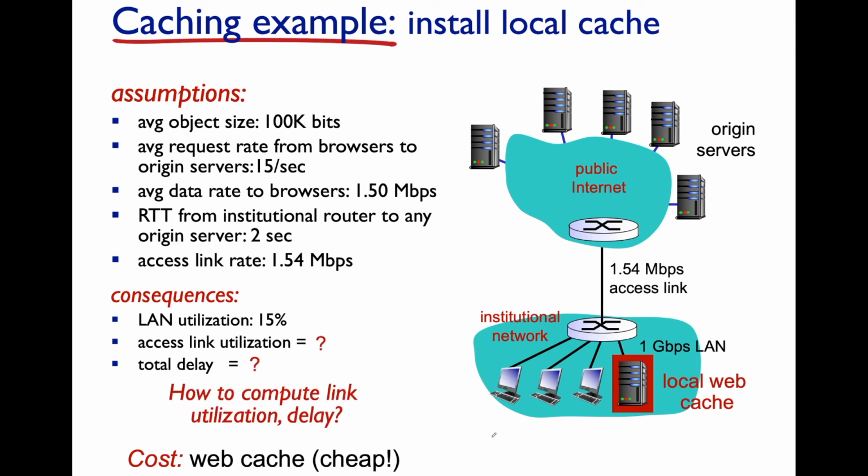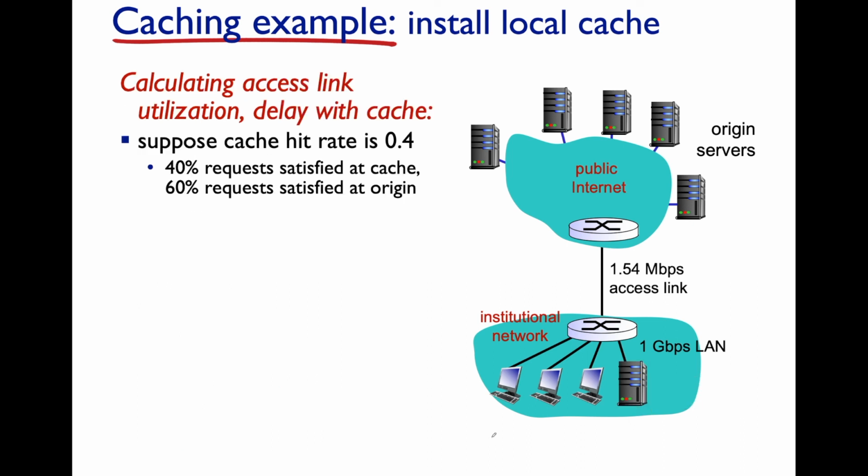So one of the questions we want to know, let's assume our LAN utilization is 15%, and where does that come from? Well, if we have 1.5 megabit per second and our LAN is 1 gigabit per second, that's 15%. Okay, so now let's look at the total delay based on access link utilization.